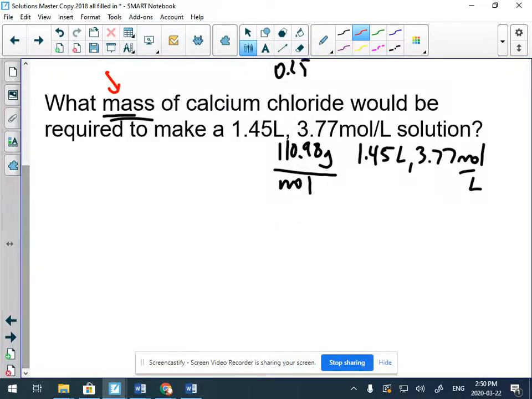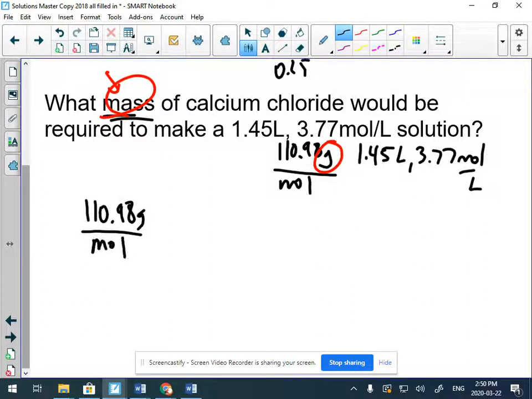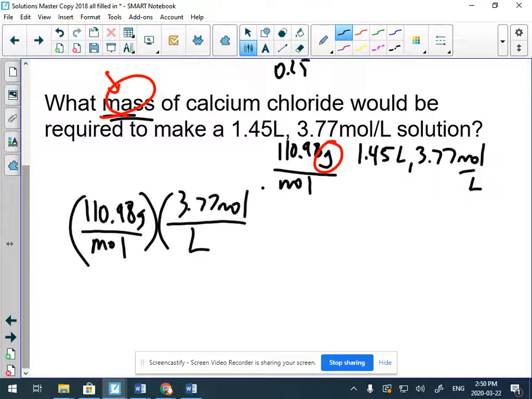So if I'm using this question, it's solving for mass. Where is my mass variable? There it is. So that's what I start with on top: 110.98 grams per mole. Now I have to use unit analysis to get rid of everything else. Concentration comes next: 3.77 moles per liter.